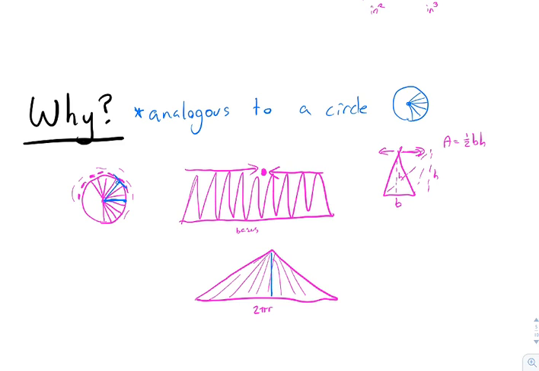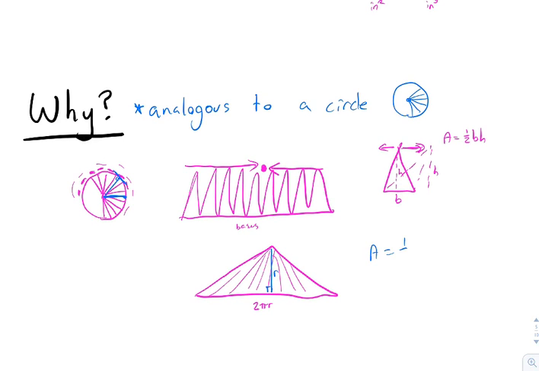So the height is r. I know the area of a triangle is 1/2 base times height, or 1/2 times the base, which is 2 pi r, times the height, which is r. And so look what we get: 1/2 times 2 pi r squared, or pi r squared. So that's a way we could find the area of a circle.